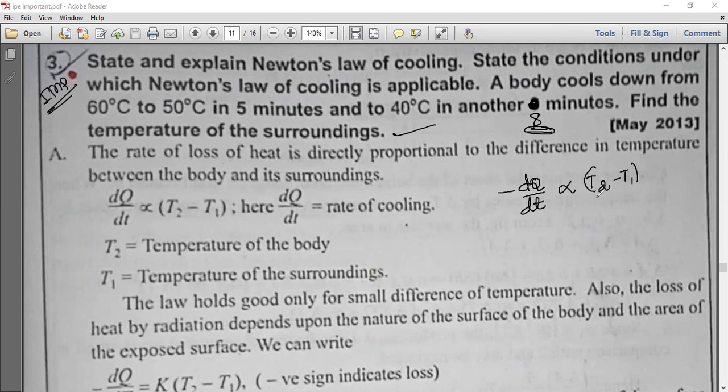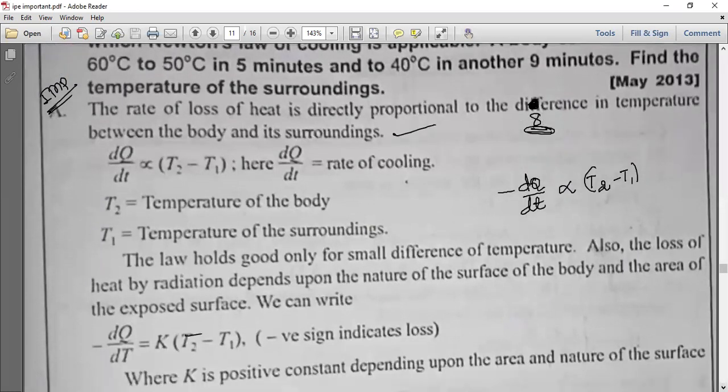T2 is body temperature, T1 is surrounding temperature, and the minus sign indicates loss. Clear? This law is for heat by radiation, which depends upon the nature of the surface of the body and the area of the surface. You can write down till here as it is.